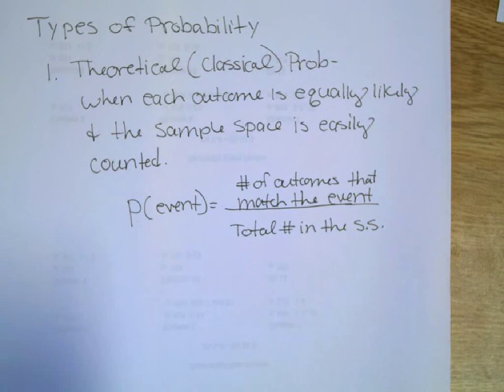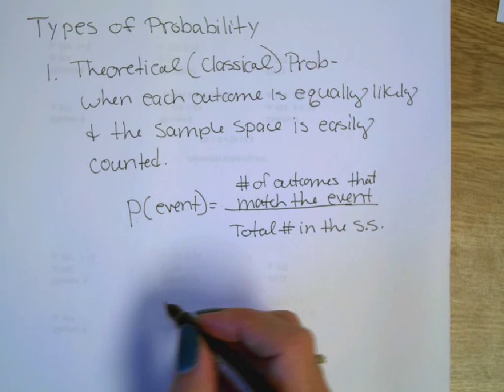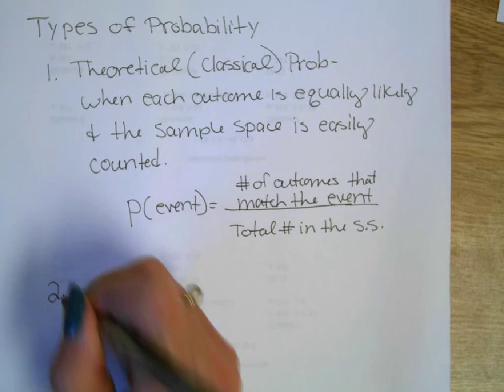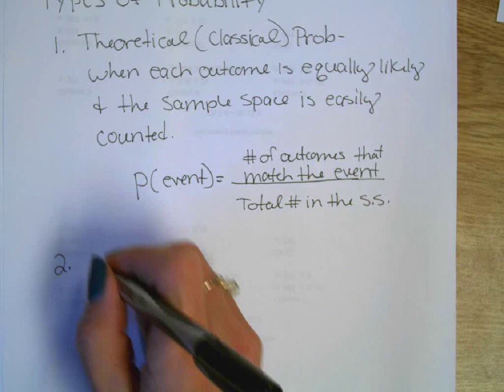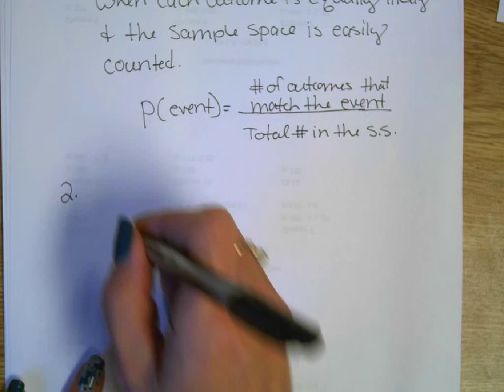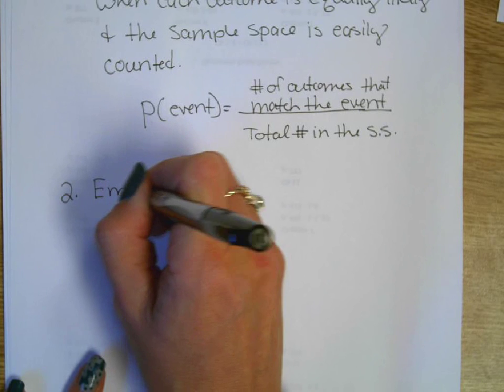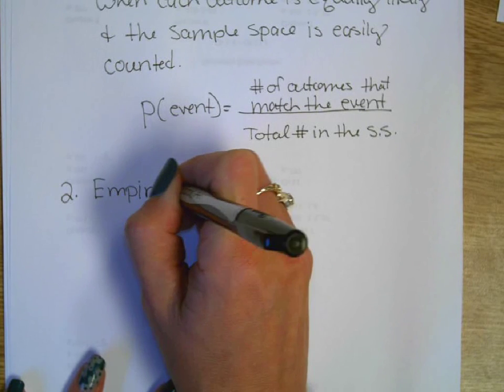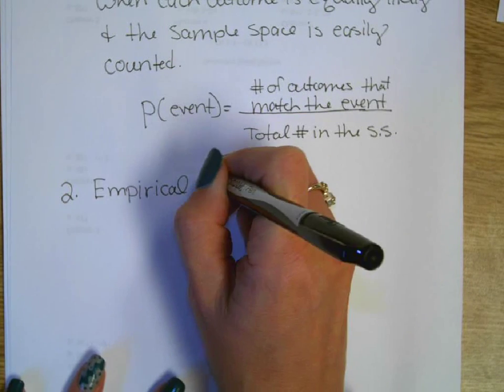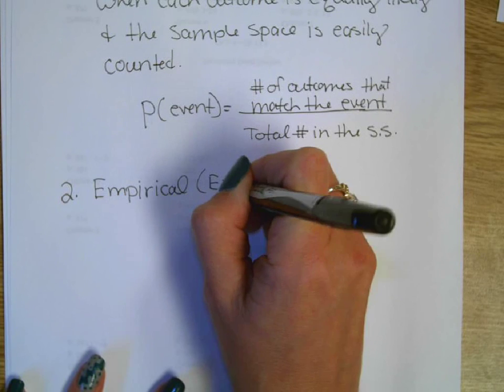Okay, another kind of probability that we're going to be using, and we saw on the SAT when they gave us all those tables of information, all broken up, that's experimental or empirical probability. It's based off of gathered data. So empirical, also known as experimental.